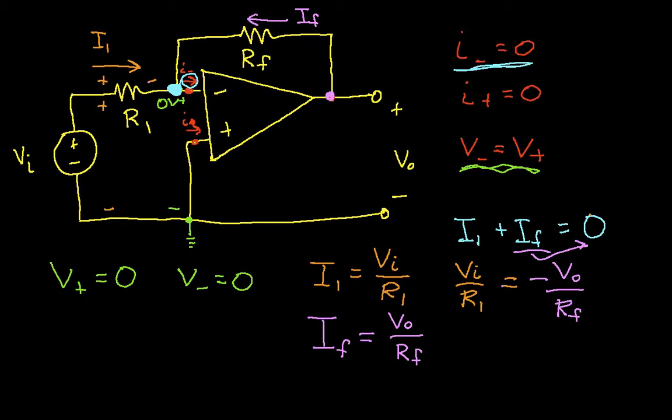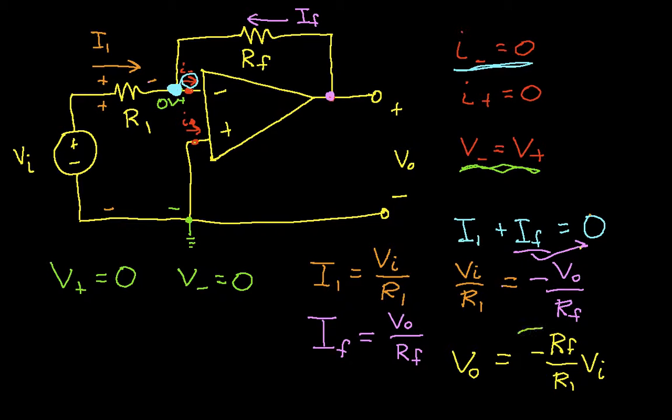And solving this for V out, we can then say that V out is minus RF over R1 times VI. So there you have it. We've basically solved what the output of this op-amp circuit is for any input voltage and any combination of RF and R1. So let's talk about this just a little bit.